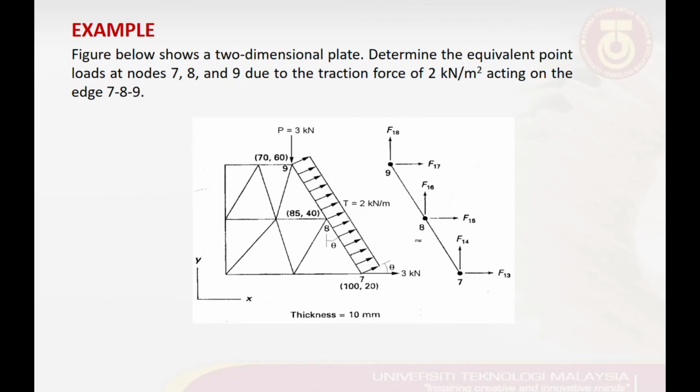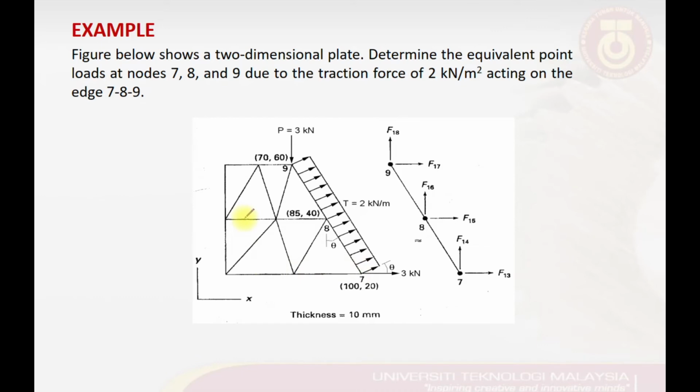So to demonstrate how we can deal with this traction force or distributed force, let's look at an example. In this example, we have a two-dimensional plate in the shape as we have here.